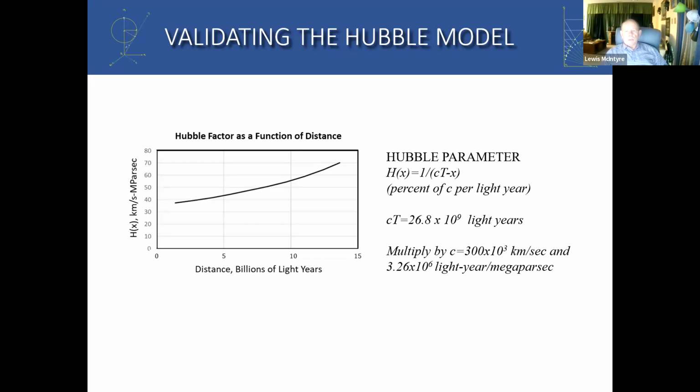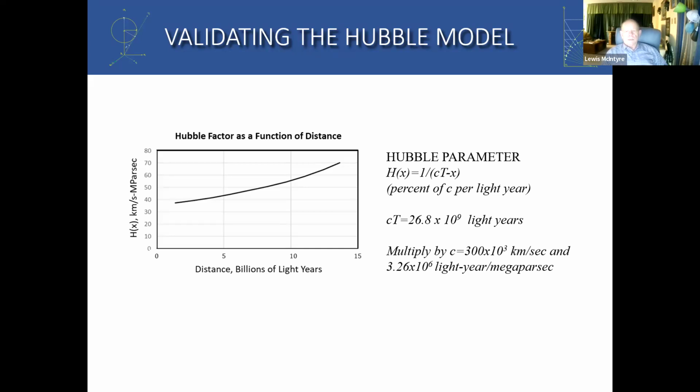We simply multiply our expression for h by the speed of light, and again by the conversion of megaparsecs to light years, to find that the initial value of the Hubble parameter is 36.5 kilometers per second per megaparsec for values of x very much less than the age of the universe.